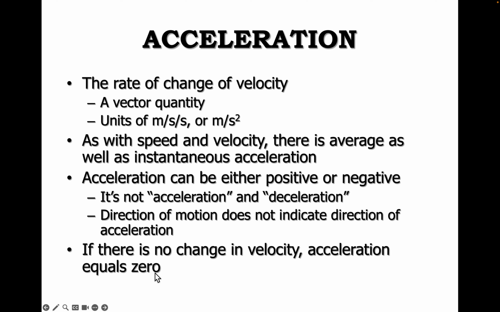So if a person is running at, for example, 5 meters per second and maintains that pace, since there's no change in velocity, acceleration would be 0. Likewise, if velocity was 0, acceleration would also be 0, because a velocity of 0 means the object's not actually moving.